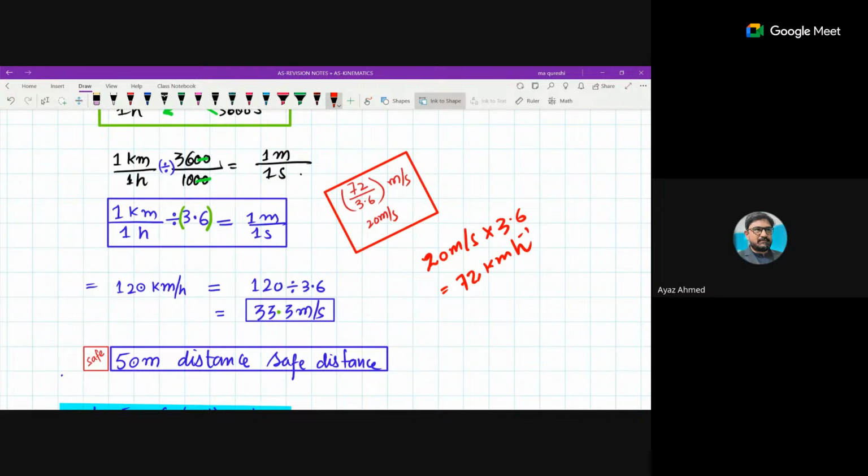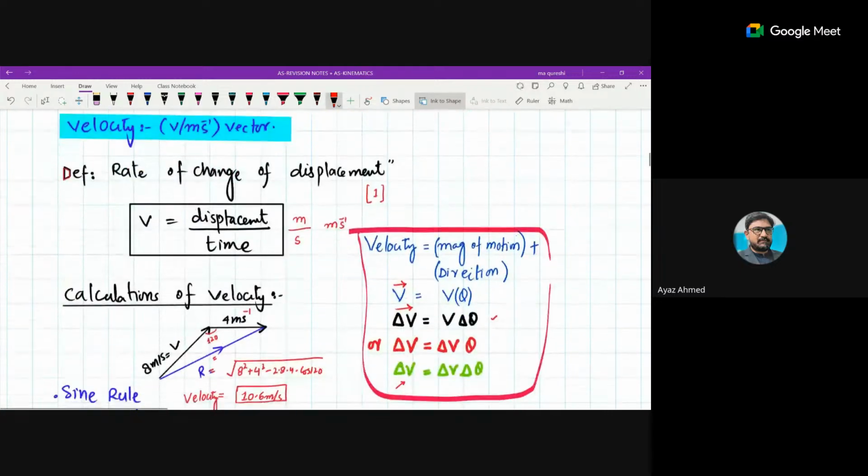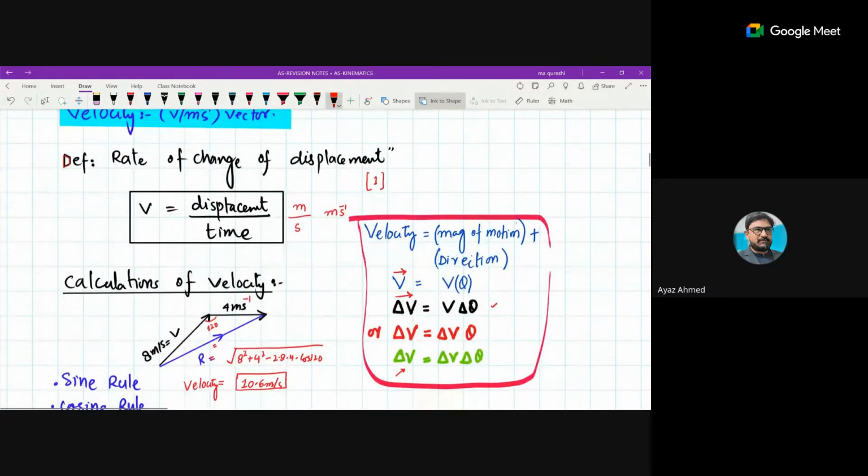And furthermore, when we talk about velocity, it is actually the rate of change of displacement, not the rate of change only. So when we consider the rate of change of displacement, it is a vector quantity by law. It means it will have magnitude and direction.